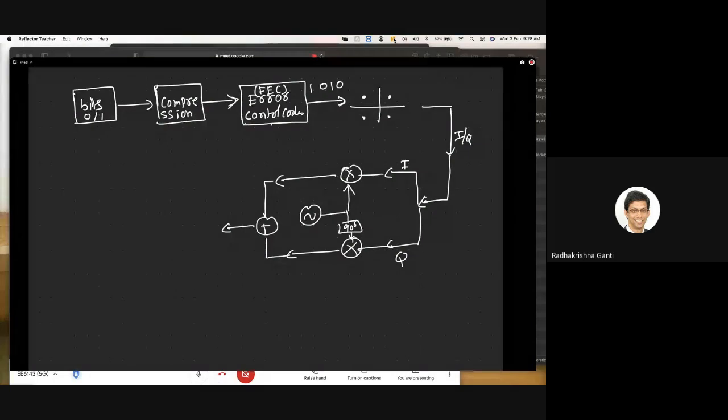The output of your FEC need not be, but we generally assume they are equiprobable; the probability distribution will be very slightly skewed. Once the bits are equiprobable, the constellation points become equiprobable because you are choosing the constellation points based on a sequence of bits. For example, in 4 QAM, you choose 2 bits and get your constellation point.